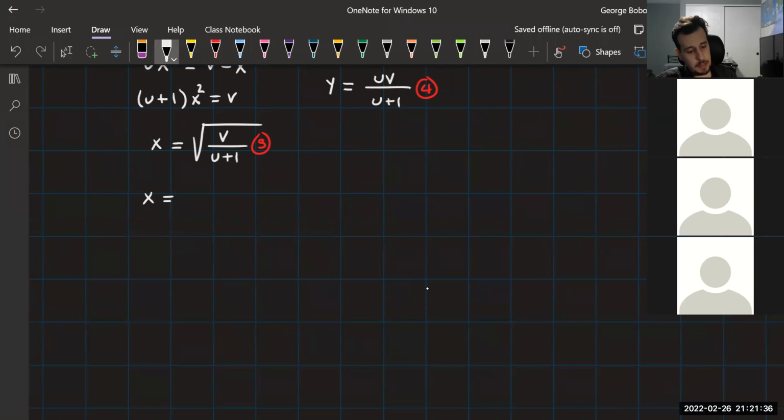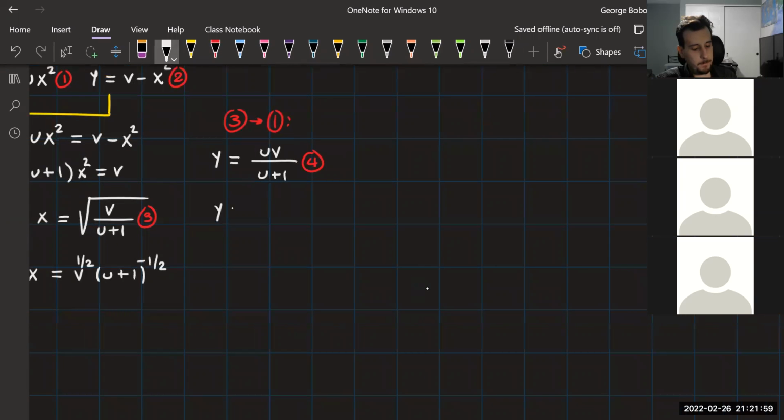This x, before we do any differentiation, I'd write it as v times (u plus 1) to the -1 power, and then this is all to the 1/2, right? So I would write it like this to help out with the differentiation a little bit, because it kind of sucks. And then y, same deal, right? uv, and then (u plus 1) to the -1 power.